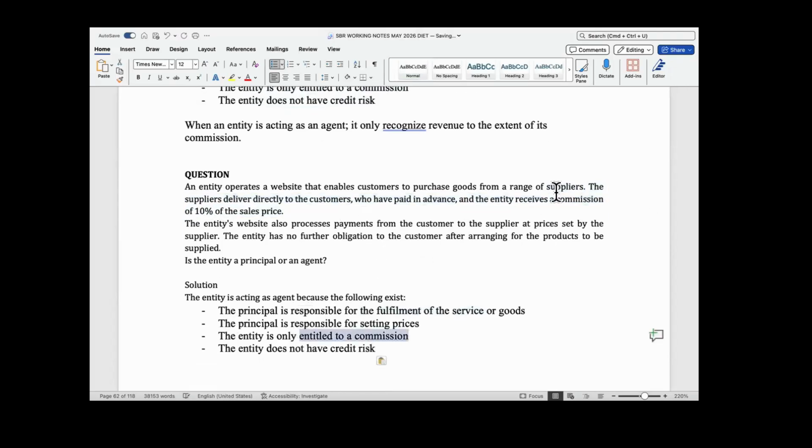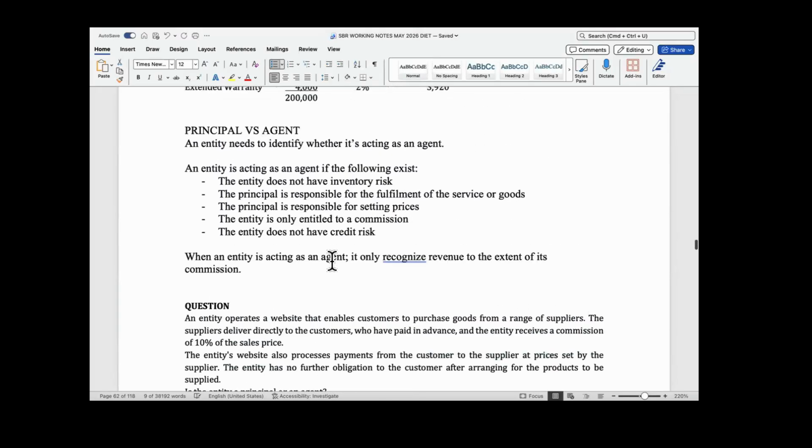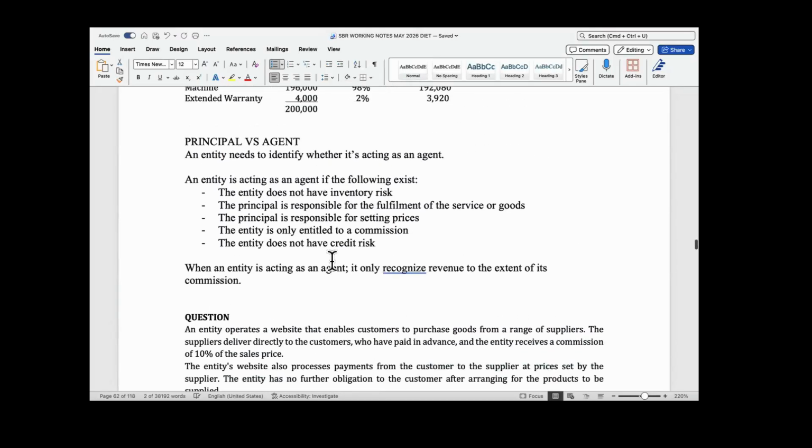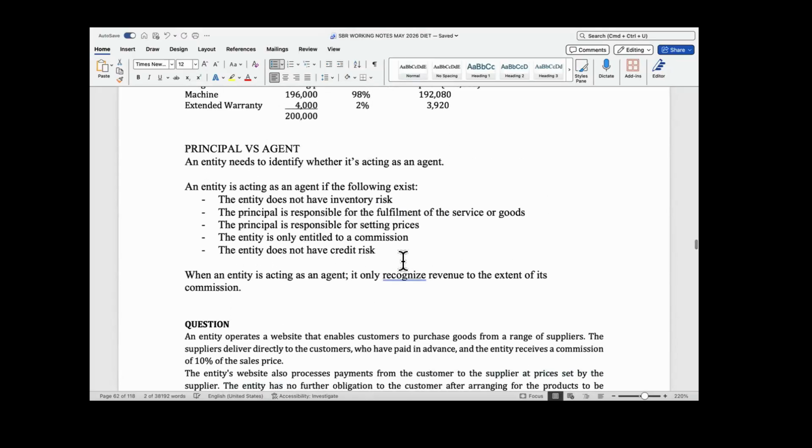Who set prices? It is the supplier that sets the prices, and the entity has no further obligation, so it has no credit risk whatsoever. So it's acting as an agent. That's the principle we want to learn under principal versus agent.